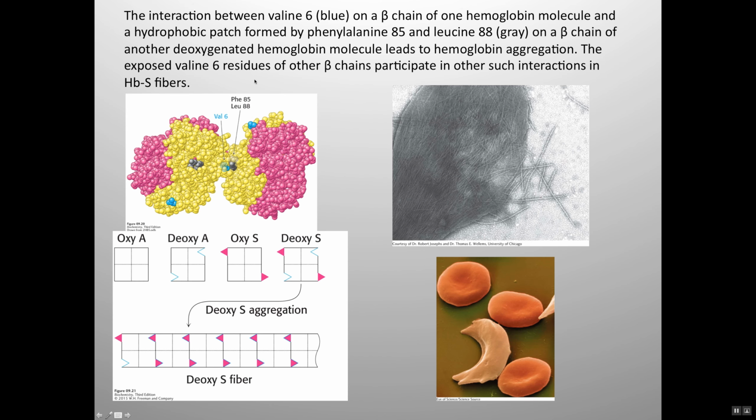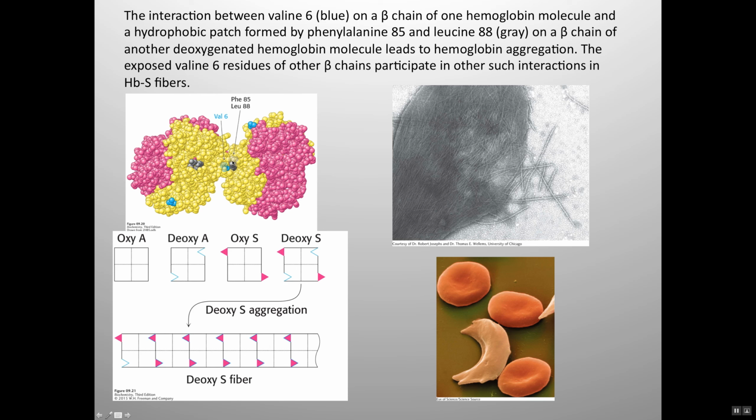And what's actually happening here is the interaction between this valine 6 on a beta chain of one hemoglobin and a hydrophobic patch formed by phenylalanine 85 and leucine 88 on a beta chain, which leads to this hemoglobin aggregation. So here we have the site of interaction. Here's the mutation at valine 6.